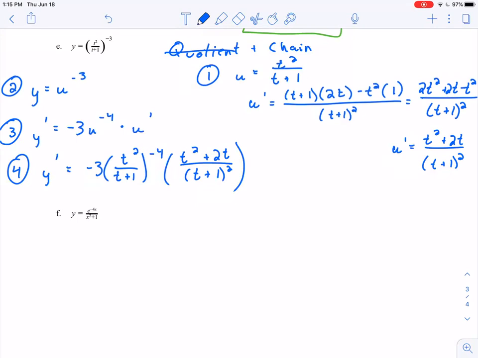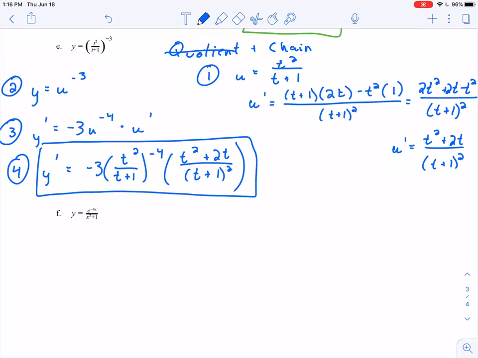To be fair, we absolutely could simplify this a little bit. I see a little bit that could go on here, but I think this is a good place to stop. When we have more than one derivative rule, I might tweak a few things at the end. I might multiply a couple monomials or something like that.